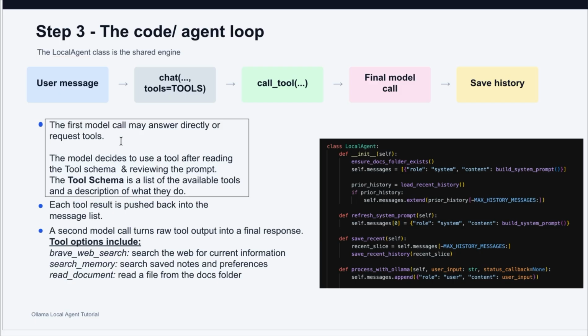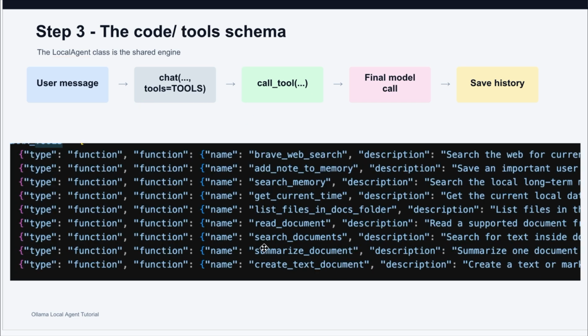The model, when you first boot it up, will take a look at the prompt that you gave it, and then it looks at this tools schema, which is what this looks like here. It's basically all the tools that we've given this agent the ability to use, like Brave Search, memory, notes, and it gives a description of each.